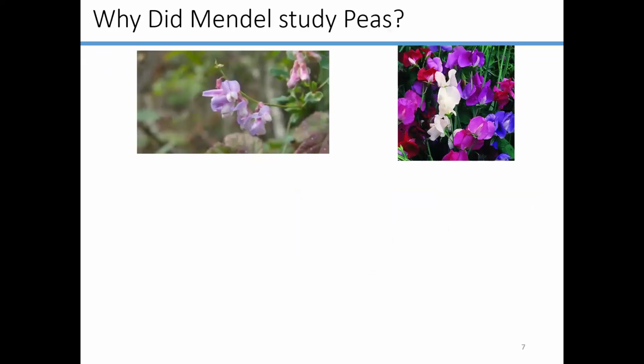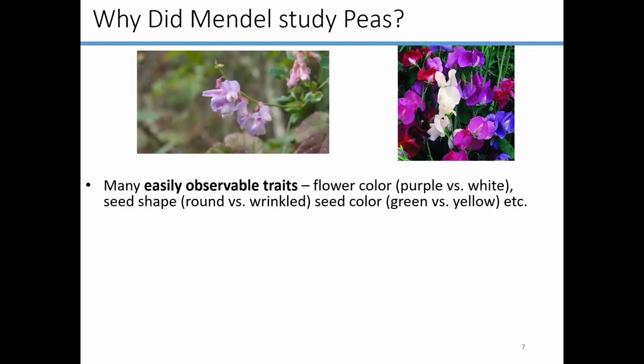So let's go ahead and see exactly why Gregor Mendel studied these pea plants. One of the big things is they were very easy to observe. These pea plants had very unique and defining features that were very easy to indicate. Great examples would be flower color, seed shape, and seed color.